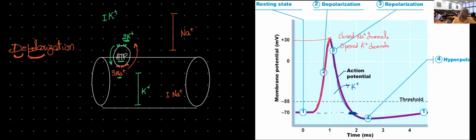So again, why does the brain need a continuous supply of oxygen and glucose? Why do I need high energy?